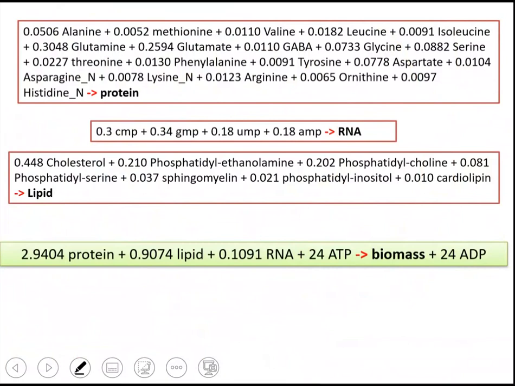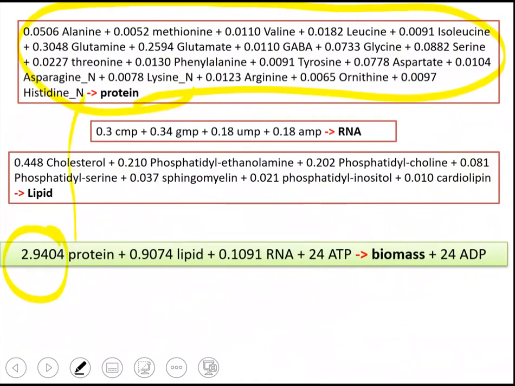Here we have a coefficient for protein, and this is the protein reaction. So you can put this reaction here, and multiply all coefficients here by this coefficient. Then you will incorporate protein formation from its building blocks into the biomass formation reaction.